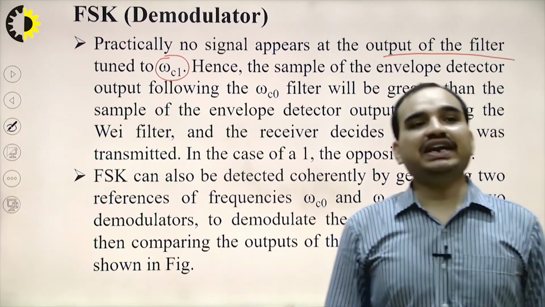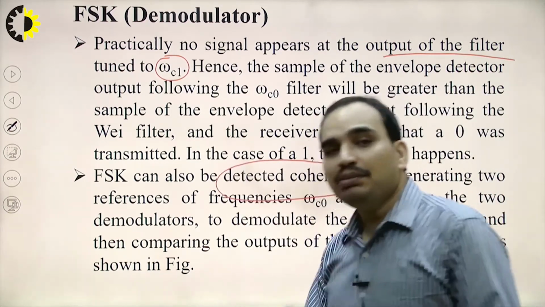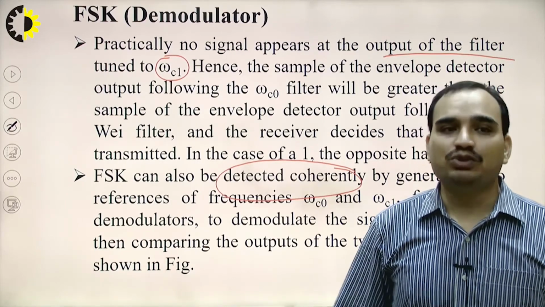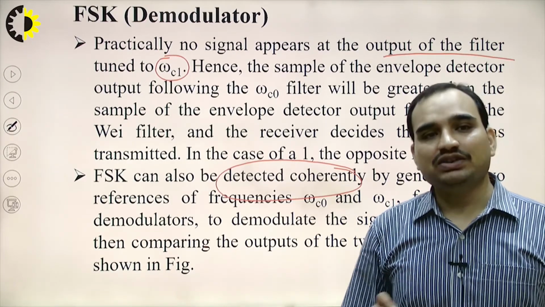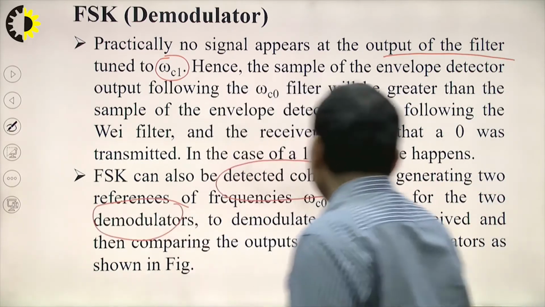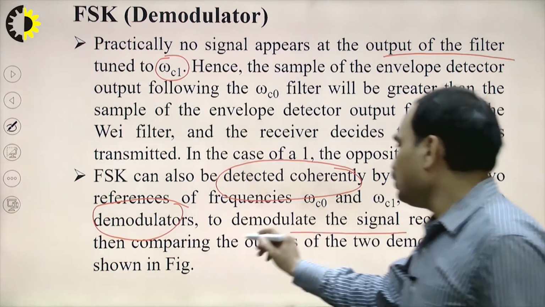So FSK can be detected coherently also, where we can multiply our signals by generating two reference frequencies, omega C0 and omega C1, for the two demodulators, to demodulate the received signal and then compare the outputs of the two demodulators.